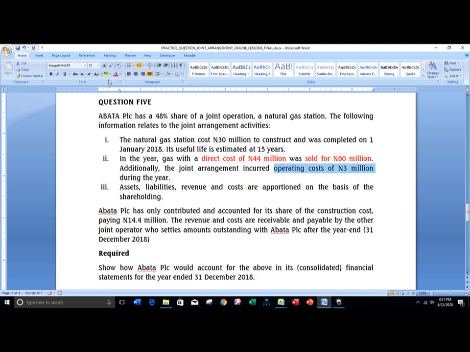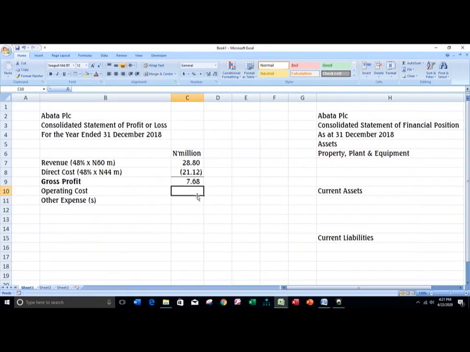So come here, 0.48 times 3. That makes it 1.44. So an expense, I put it in brackets. Brilliant.